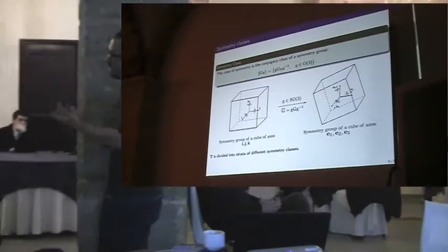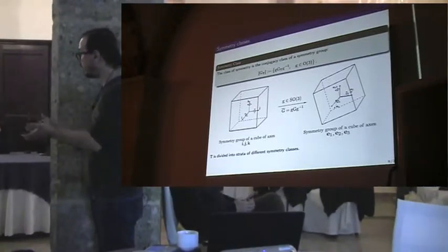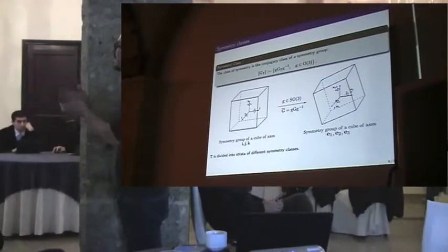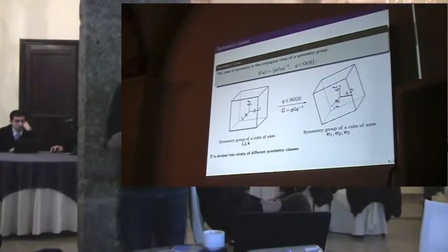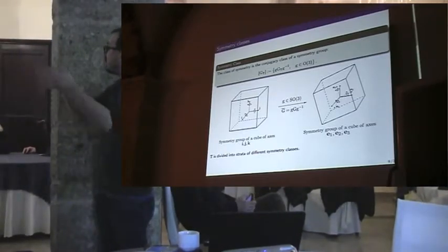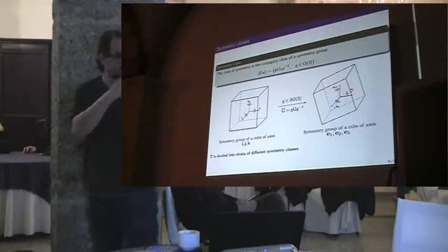That's the notion of the symmetry class, which is related to the notion of anisotropic system your behavior can see. Here is an example of two identical cubes having hence different groups but belonging to the same class.